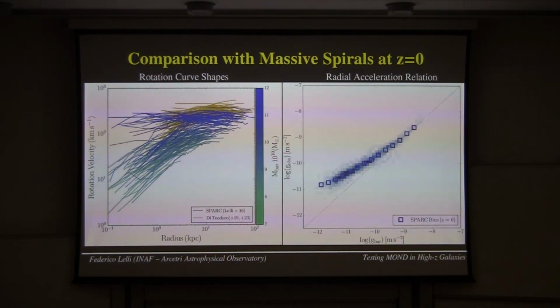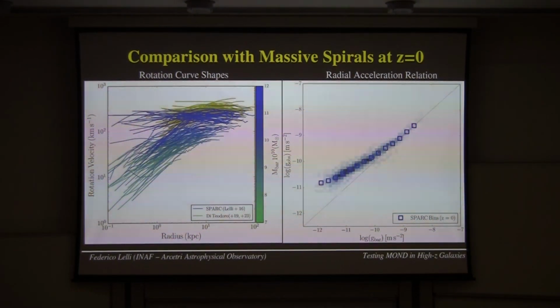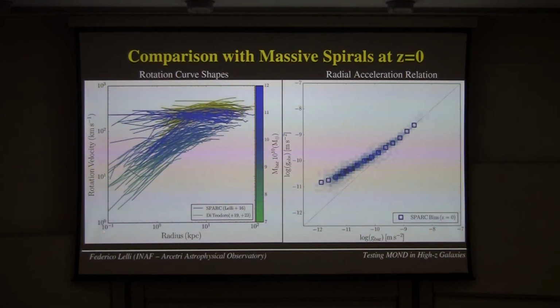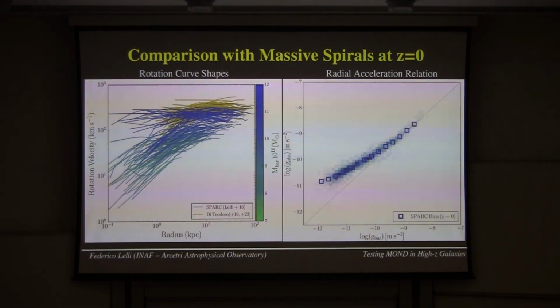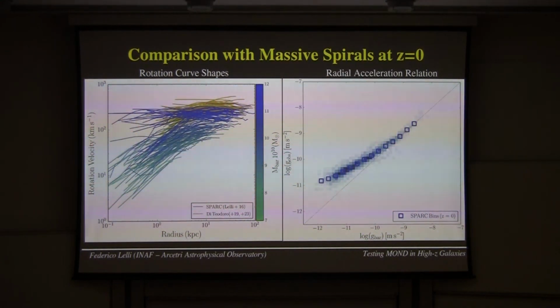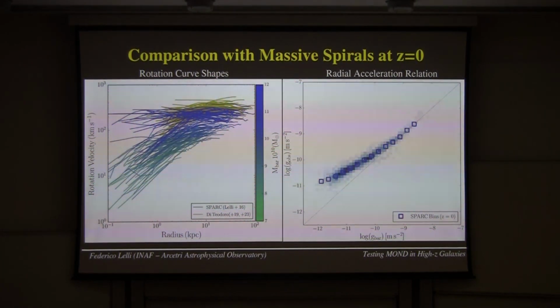Another way to look at this is actually to compare the high redshift data with the local data. So on the left, I'm plotting on a log-log scale the rotation curves from the SPARC database in the, let's say, blue color scale. And I'm also adding in yellow some new rotation curves from Di Teodoro and collaborators that are for extremely massive spiral galaxies that are rare. We don't have many of them in SPARC because our sample is somehow limited in a volume of 100 megaparsec.